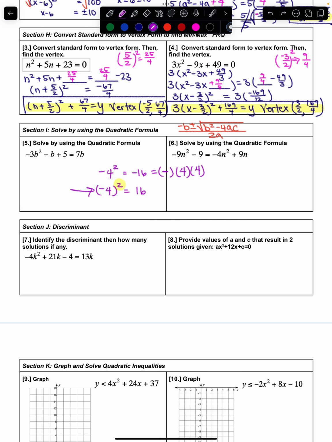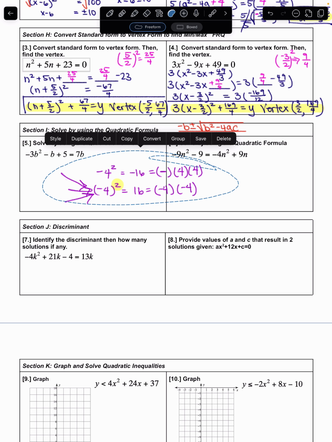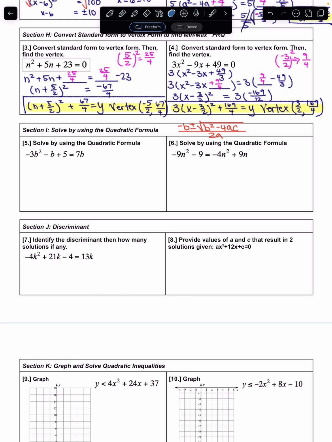So the second problem is just negative 4 times negative 4, and because we have two negatives, they cancel each other out to make a positive, and 4 times 4 is 16. So again, please do not fall for an algebra trap; put parentheses around your a, b, and c values. Let's go ahead and delete that and go into question number 5.